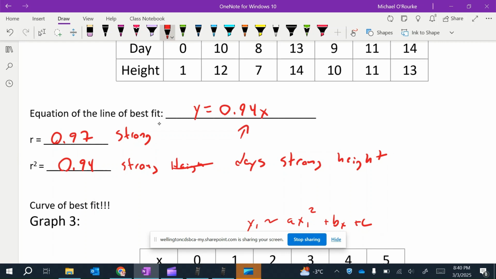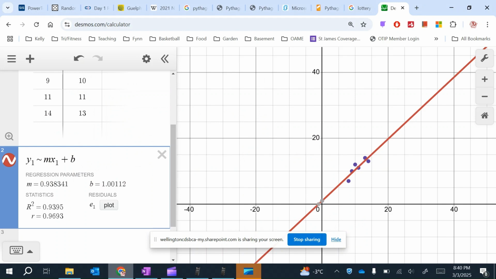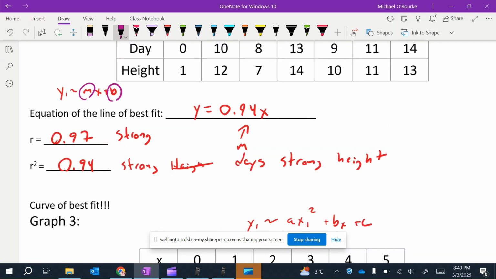That was my m value. Remember how we wrote in y1 tilde mx plus b. So we're just replacing this number and this number, what's in right here, our m value and our b value. Plus 1. Now it may make more sense as height equals 0.94 per day plus 1. And we can use this formula for predictions.